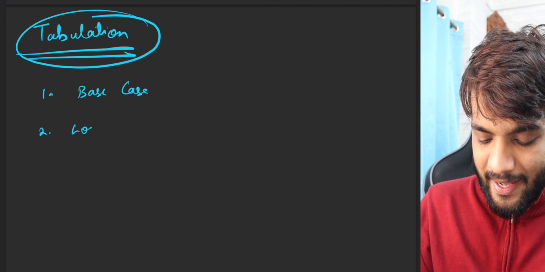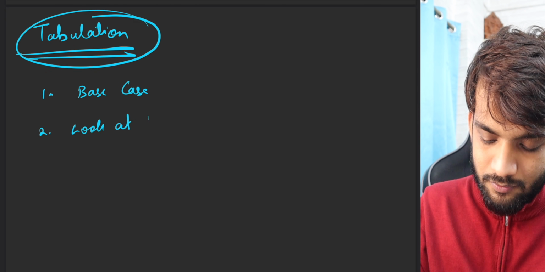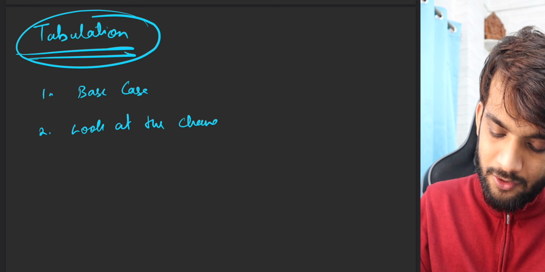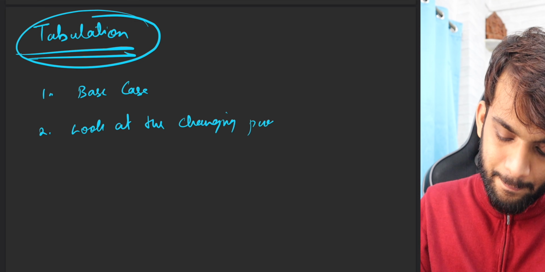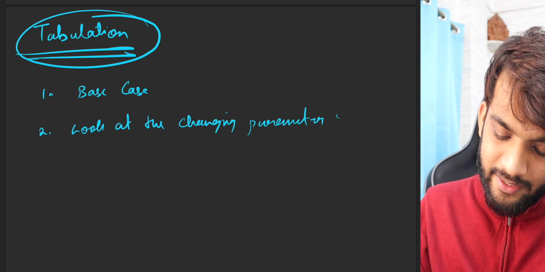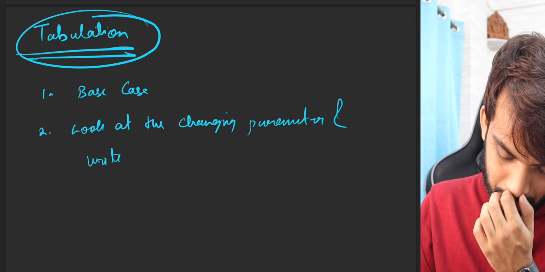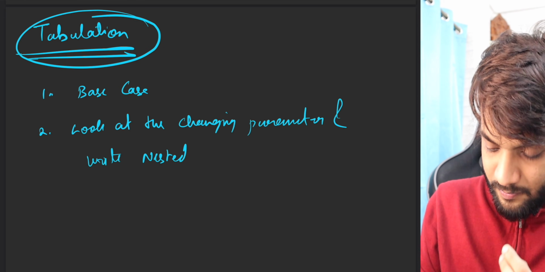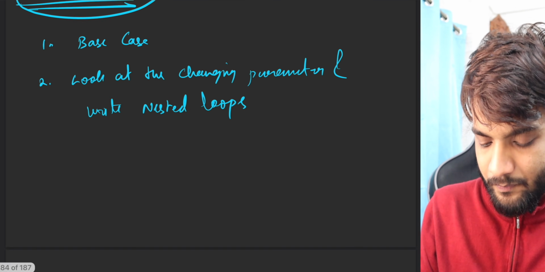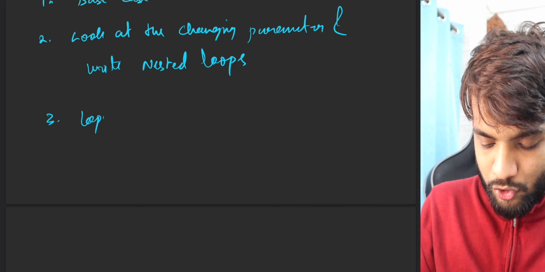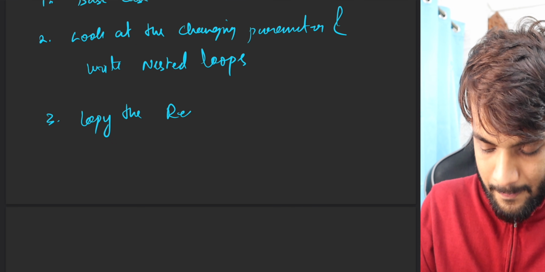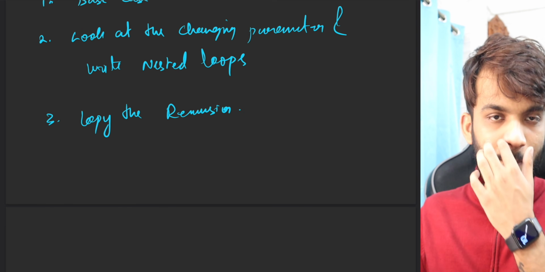Look at the changing parameters and write nested loops. And the last step, copy the recursion. Nothing special, just copy the recursion.